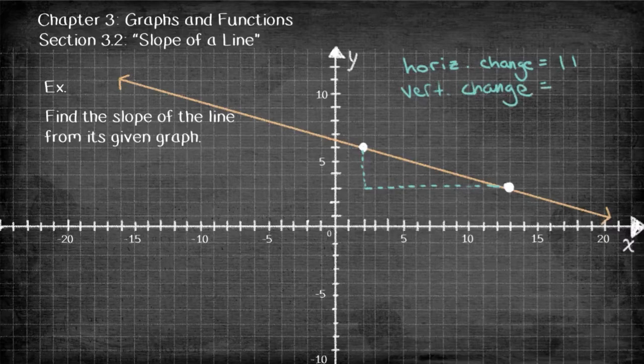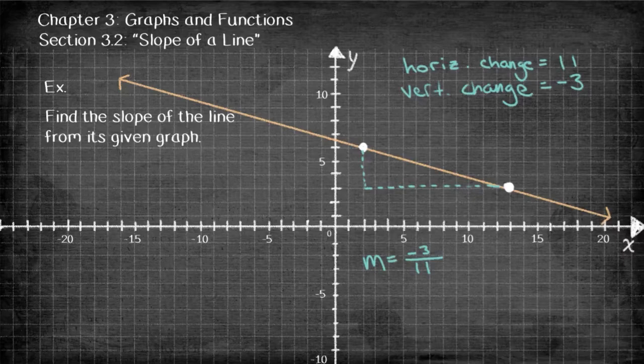And my vertical change is 3, but I didn't go up 3, I went down 3. And on the coordinate axes, that means that my vertical change was actually negative. So m, the slope being the vertical change divided by the horizontal change, would be negative 3 divided by 11.